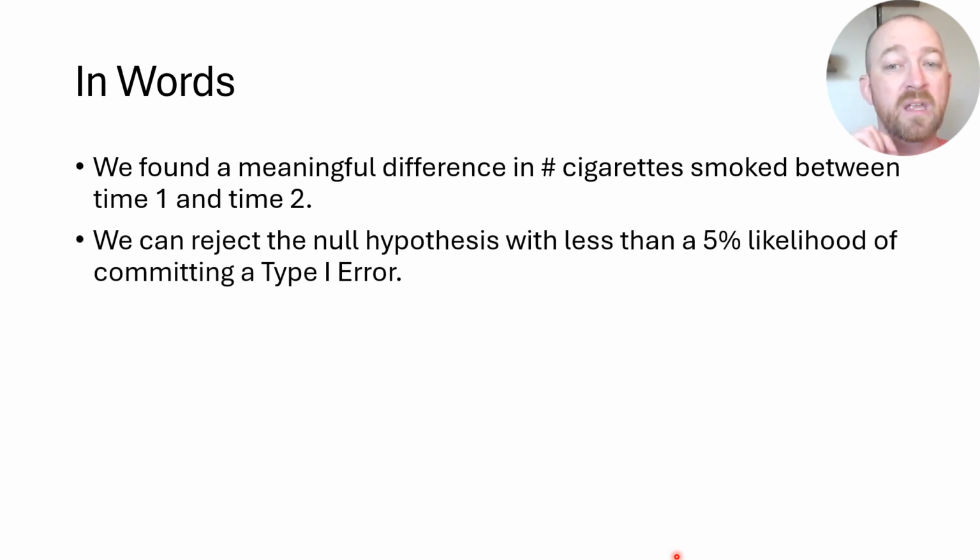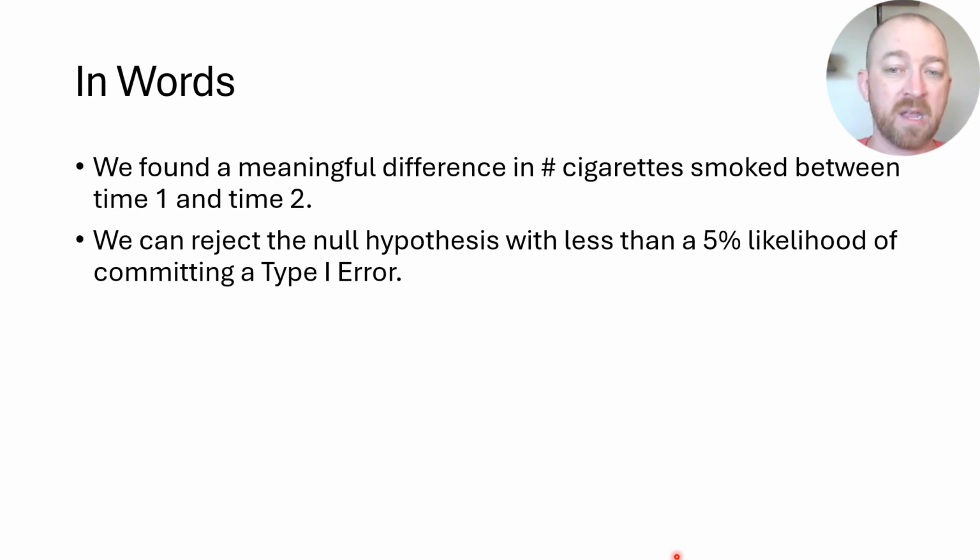Specifically, we found that there was a larger number of cigarettes smoked before the intervention compared to after the intervention, meaning it seems that our best guess for the reason why we had a reduction in the number of cigarettes smoked is because of our intervention of the hypnosis. So it looks like our hypnosis worked.